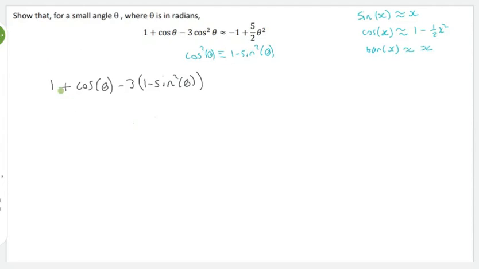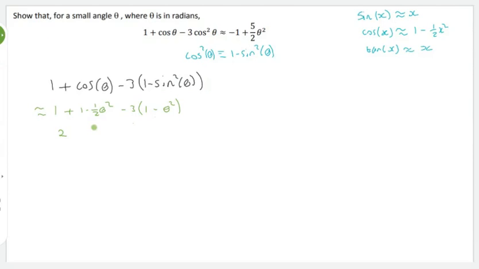Okay, sounds good. So yeah, we've replaced first of all cos squared with 1 minus sine squared. 1 plus cos theta is the same thing as 1 minus a half theta squared, or roughly anyway. And minus 3 open bracket 1 minus, well, sine theta is approximately theta, therefore sine squared theta is approximately theta squared. So then we get 1 plus 1 is 2.